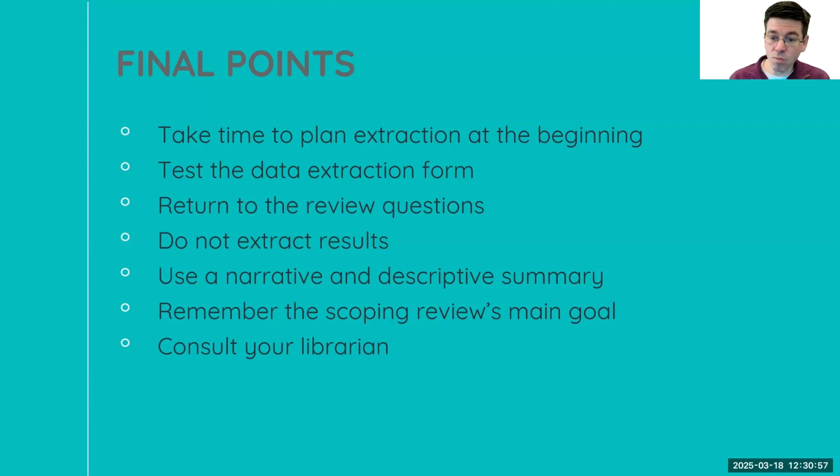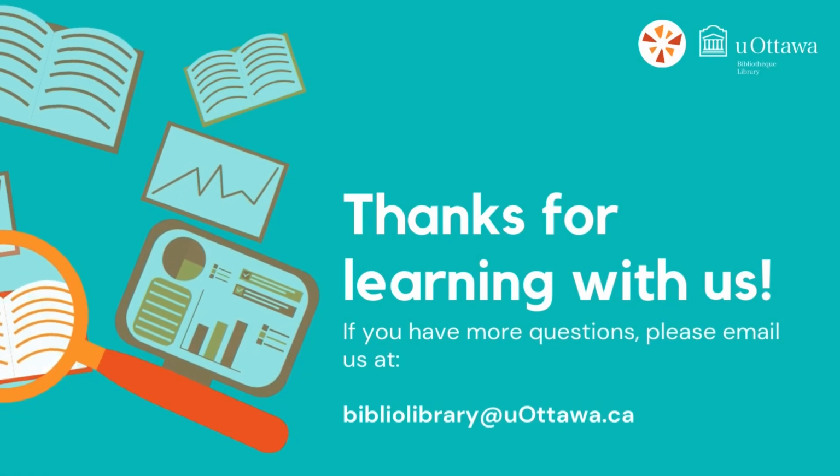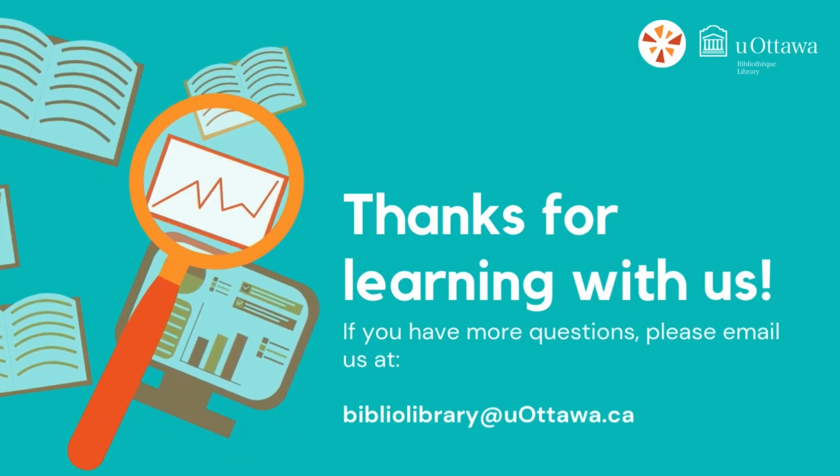However, if you have more results, it could take several months and perhaps even several years. So be open to the fact that a scoping review is not usually a project that happens in a very quick time span. Hopefully this series helped you understand the nuances between scoping reviews and other review types, but also all the steps involved and the details required to fully and successfully complete a scoping review.